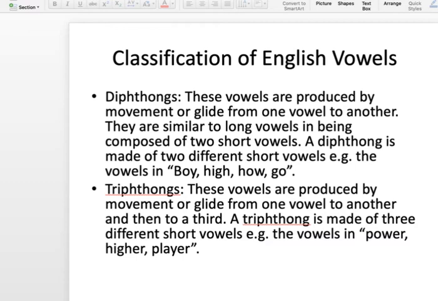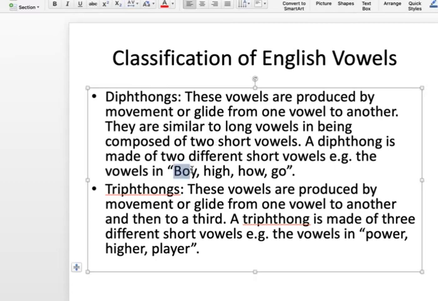When you say boy, it is pronounced o, e, oi, right? So hi starts with a and ends in e. How starts with a and then ends in ow.